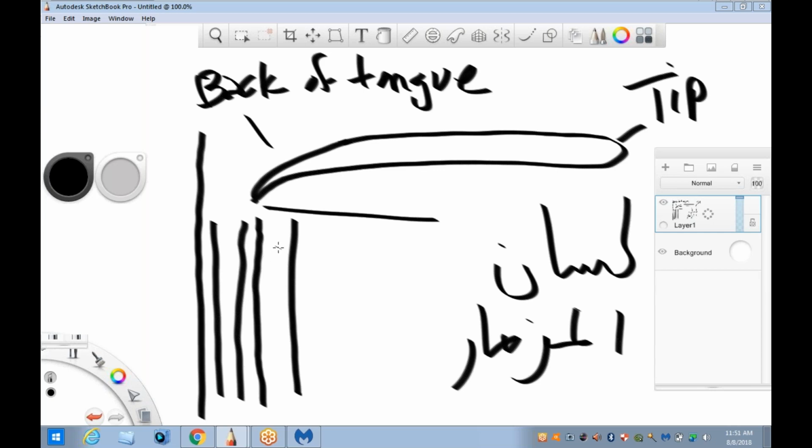This here is for your windpipe, and this is your food pipe.